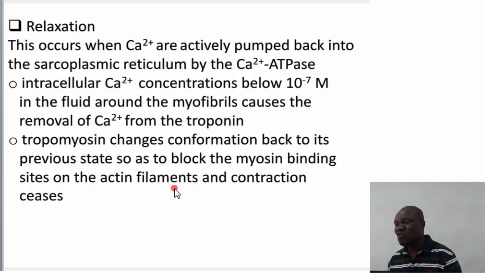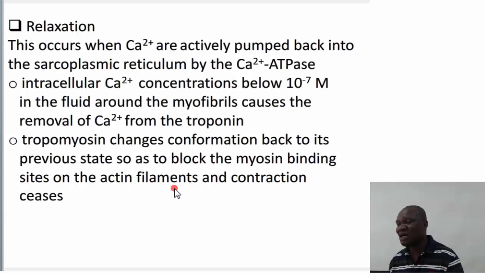And this will result in the relaxation of the muscle because the myosin head can no longer bind to the actin filament because the binding sites have been covered. Is it clear to this point?